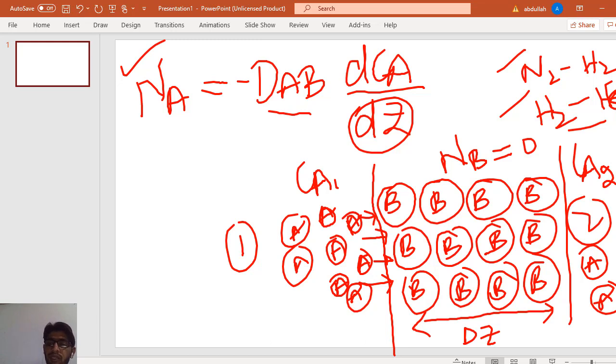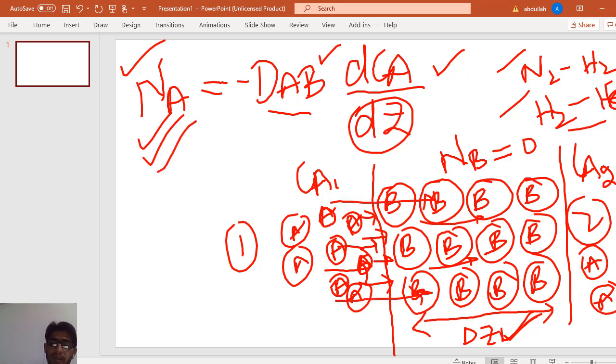So CA1 minus CA2 divided by delta Z is called the gradient of the concentration, and when it is multiplied by the diffusivity of component A into the stationary component B, we get the molar flux of component A in the stationary component B, and it is called Fick's law of molecular diffusion.